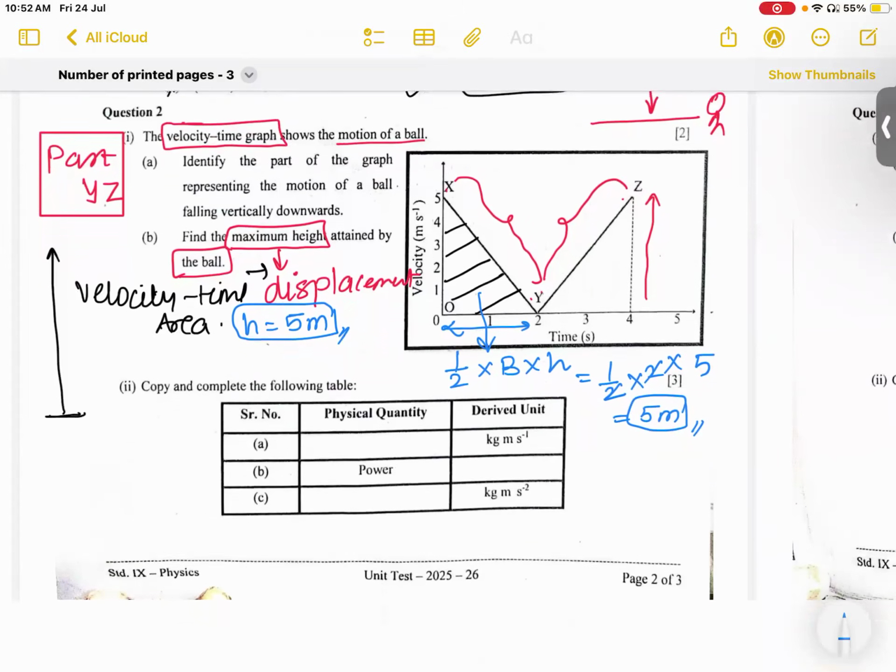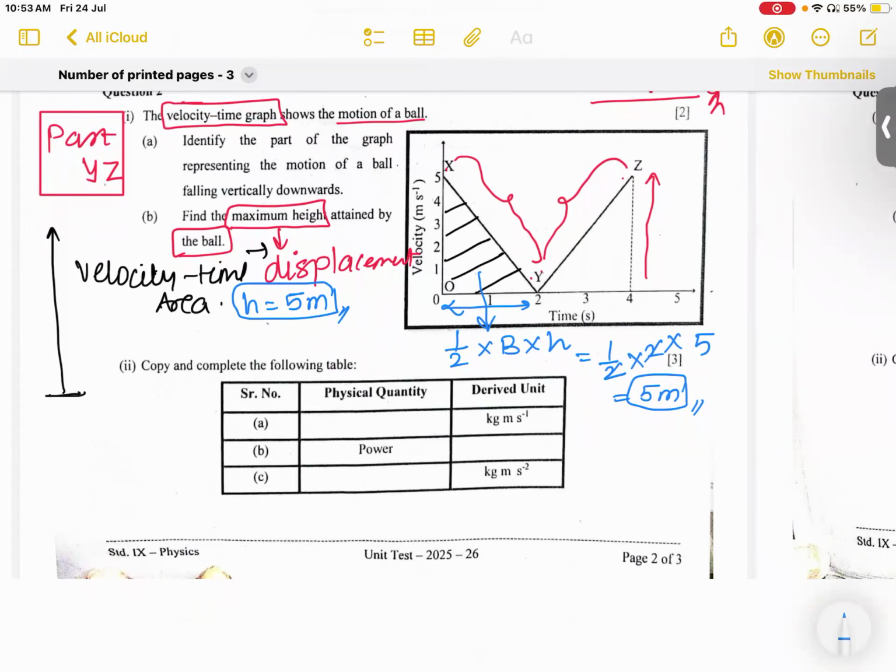Okay. The next question. Copy and complete the table. This is the table for physical quantity. Now, if you don't realize what this physical quantity is, make a note of this unit: kg meter upon second. Kg meter per second. So kg is one separate unit, and meter per second is another.